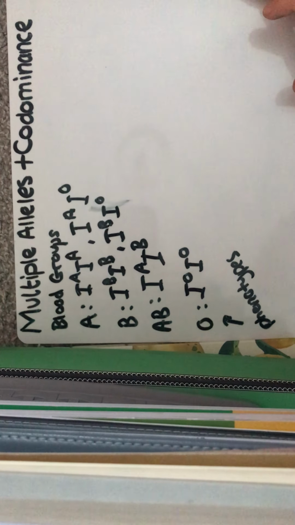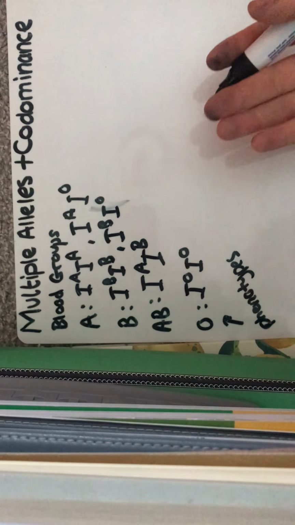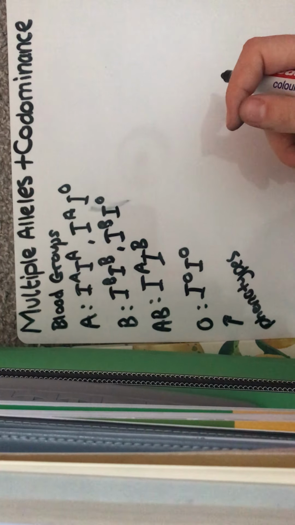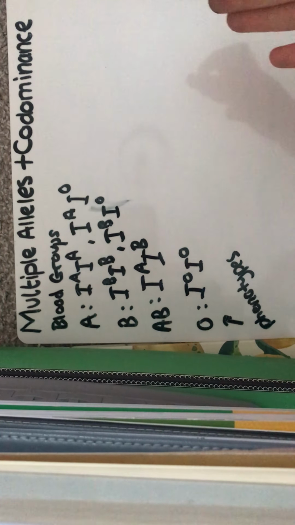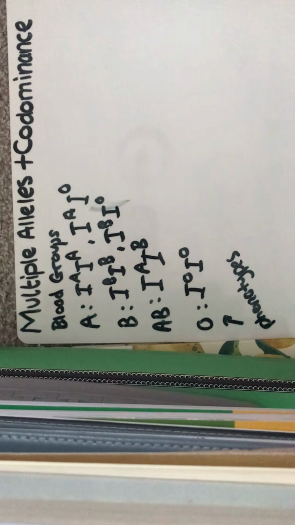The agouti one is dominant over all of them. Chinchilla is dominant over Himalayan, and albino is recessive to all other ones. So we can see how these multiple alleles can show dominance over other alleles, even though they're all representing the same characteristic.